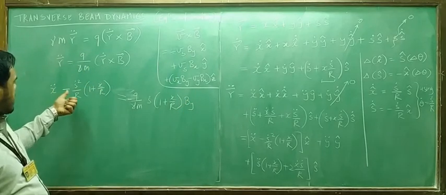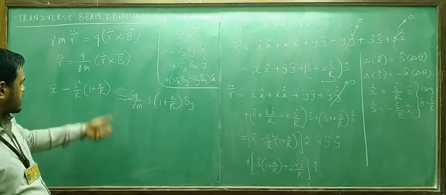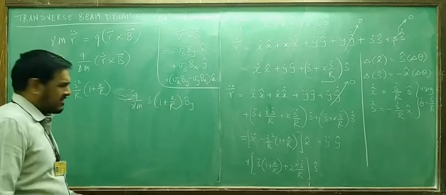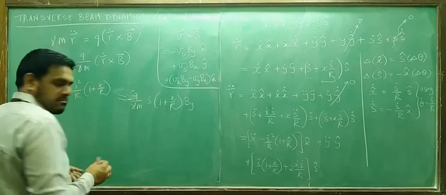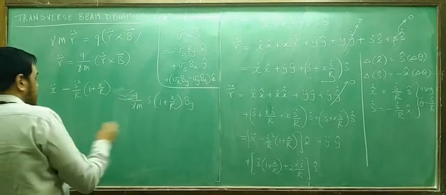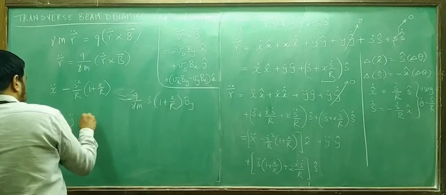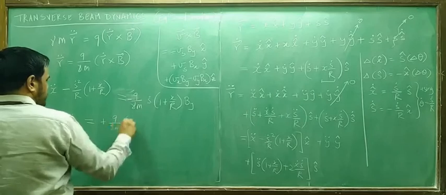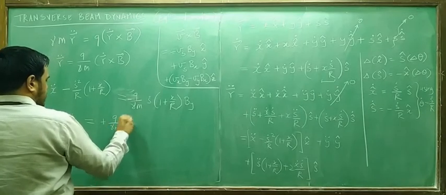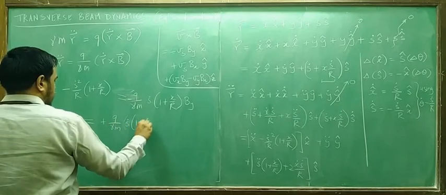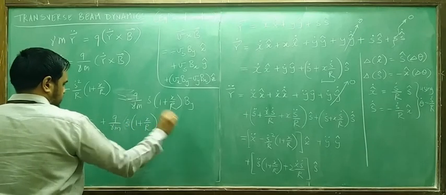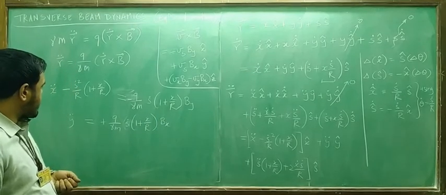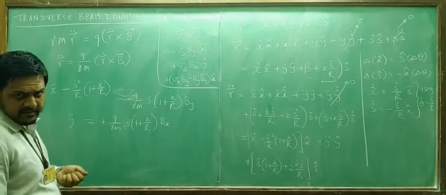So you get x double dot minus s dot square by r into 1 plus x by r equal to minus q by gamma m s dot 1 plus x by r times By, which looks very horrible. Fine. The other one is slightly less horrible. y double dot on the left hand side is equal to plus q by gamma m s dot into 1 plus x by r times Bx. This is the basic thing. Okay.